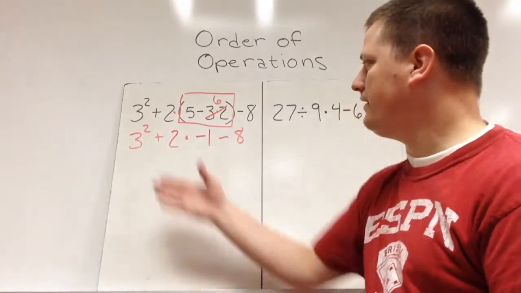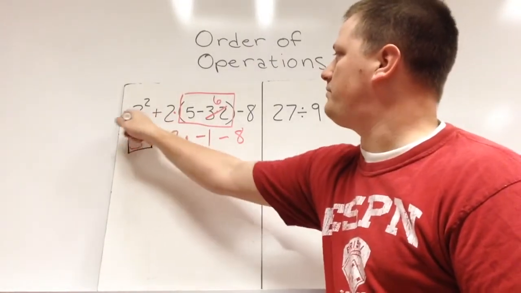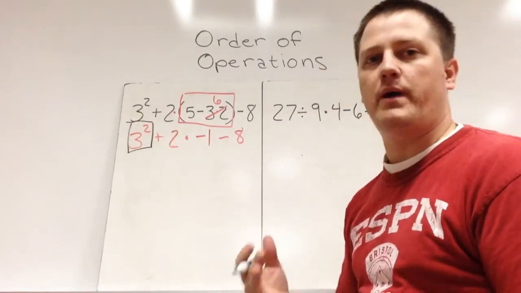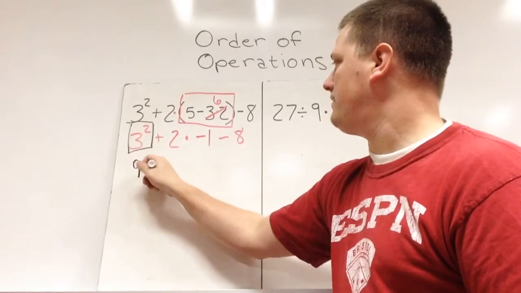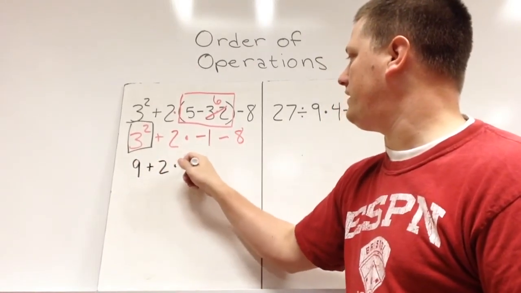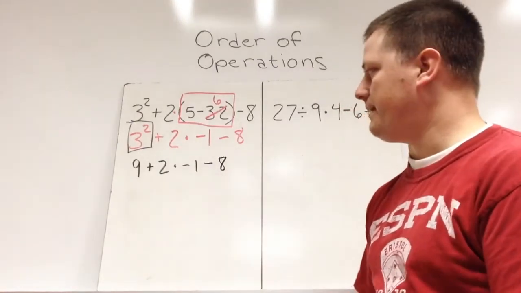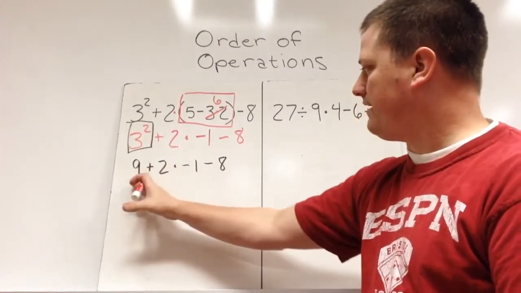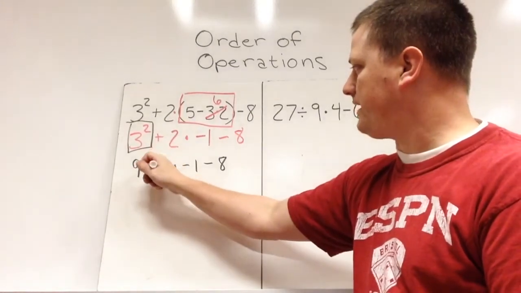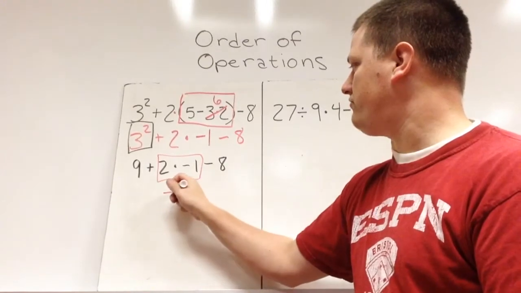Our next step, no parentheses, so now we go to exponents. Here's an exponent problem. So 3 squared is 3 times 3, which is 9. Bring down everything around it. Okay, our next step is multiply and divide. Well, from left to right, we get to this multiplication first. 2 times -1, which is -2.